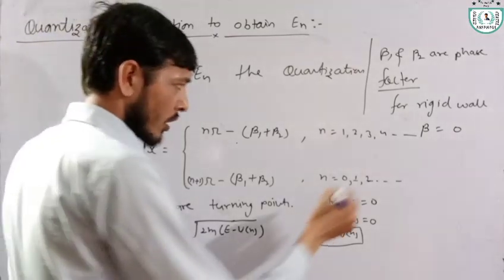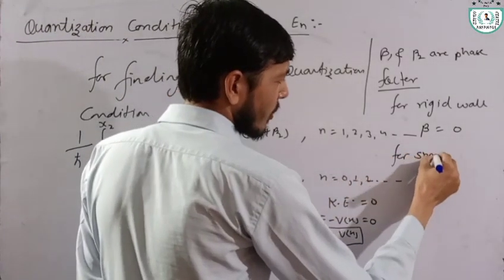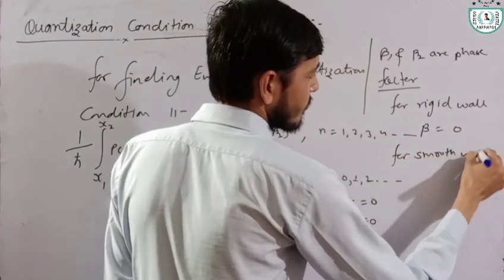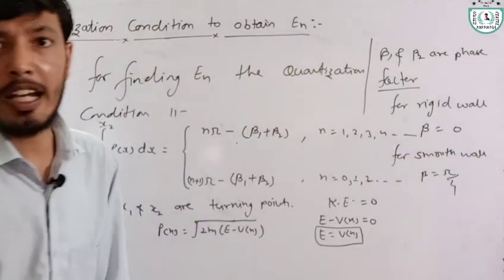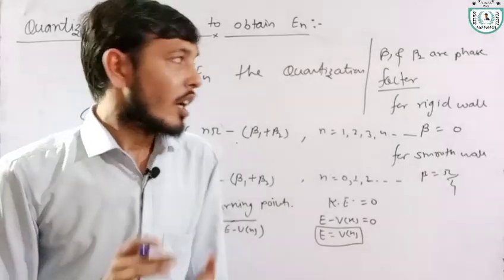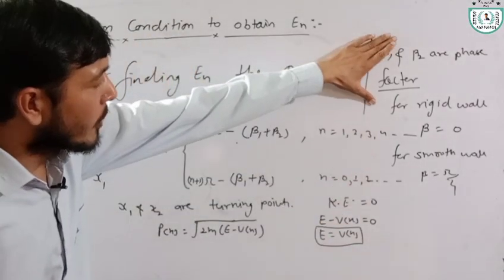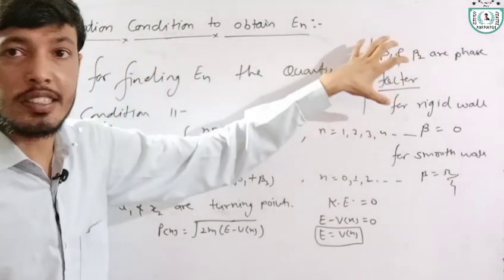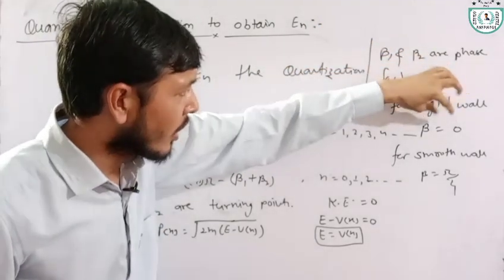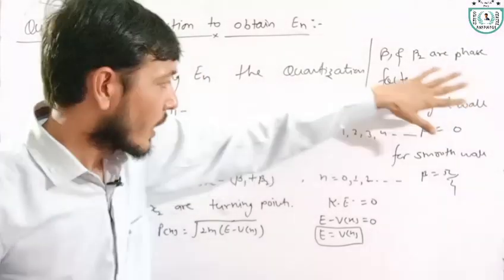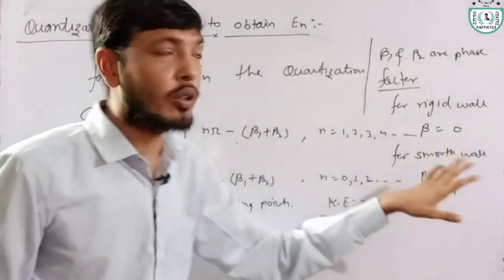And for a smooth wall, beta is equal to pi by 4.